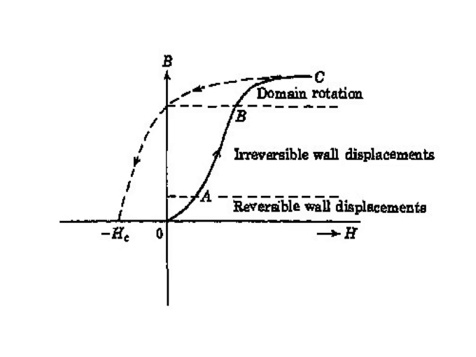If we remove the applied field, the domain wall will come back to the initial position in the reversible wall displacement. However, the domain wall will not come back to the initial position after removing the applied field in the irreversible wall displacement process.